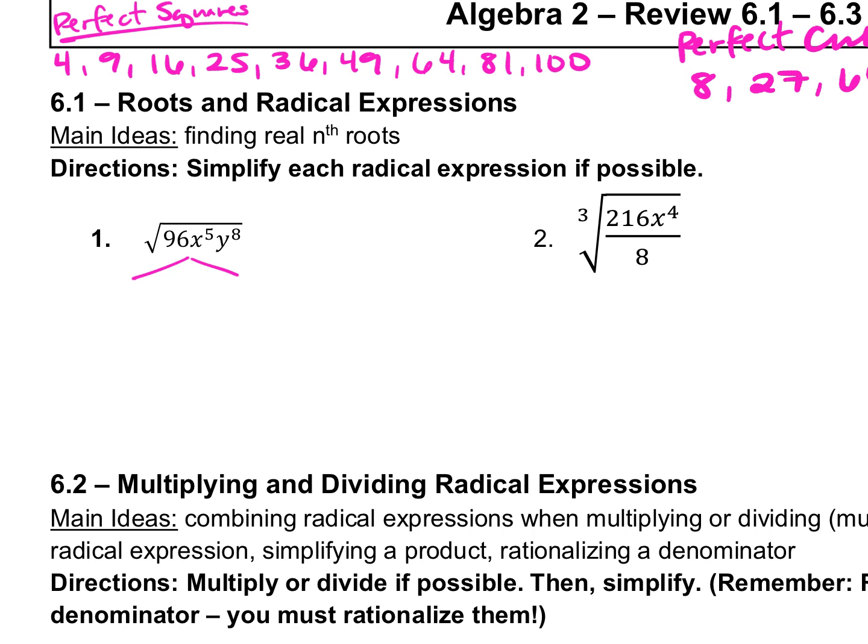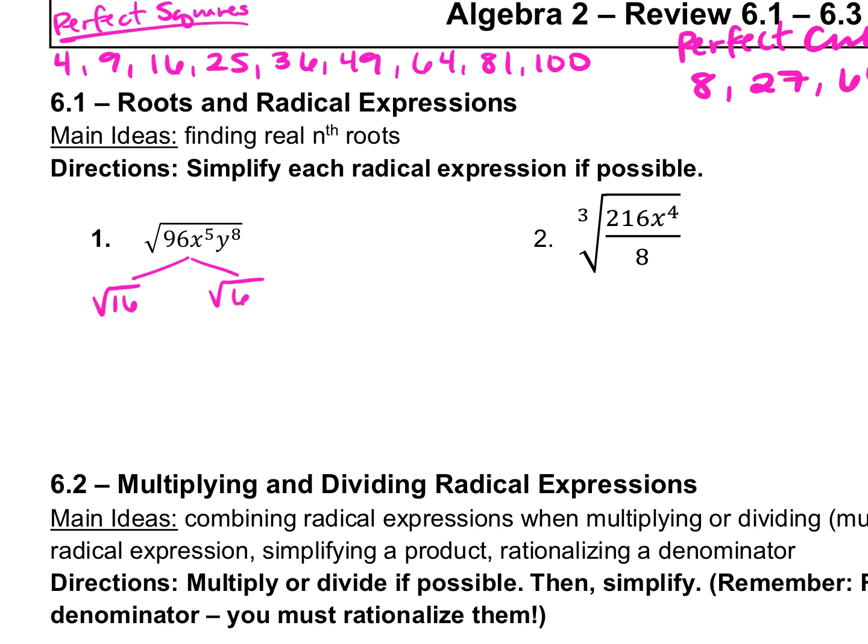So 96 divided by 64, 96 divided by 49, 96 divided by, find the one that is the perfect square that this is divisible by. And you always start high and work your way low, right? So the biggest perfect square that 96 is divisible by is 16. 16 times 6 is 96, okay?